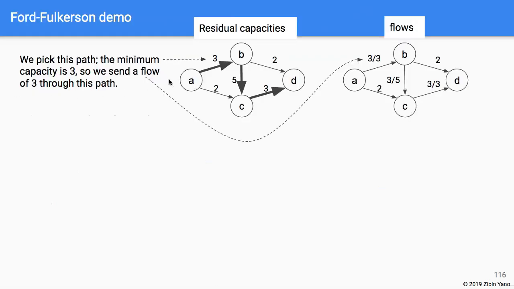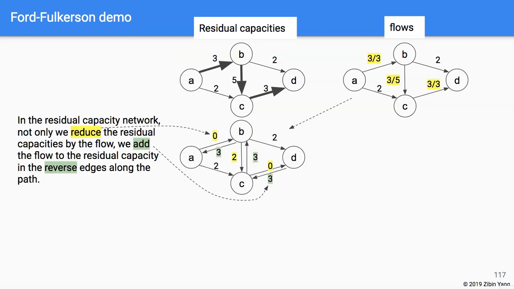If you remember, in our previous demonstration where Ford-Fulkerson fails, we pick this path through the network and we send a flow of 3 through the network. Now we have to calculate the residual capacities. Previously, we only reduced the residual capacity in the forward direction, right? So those become 0, and this becomes 2, and this becomes 0.